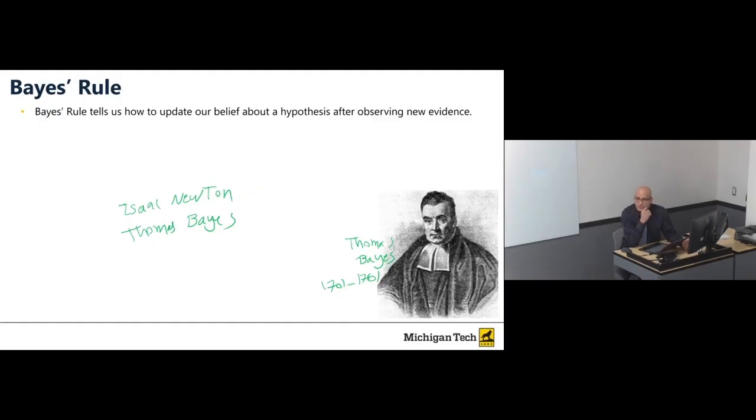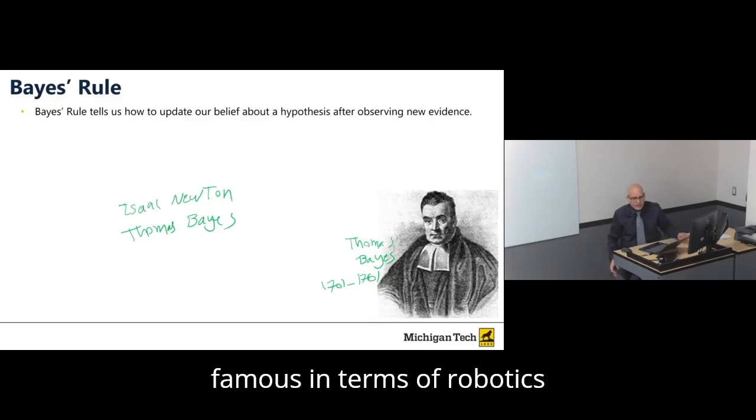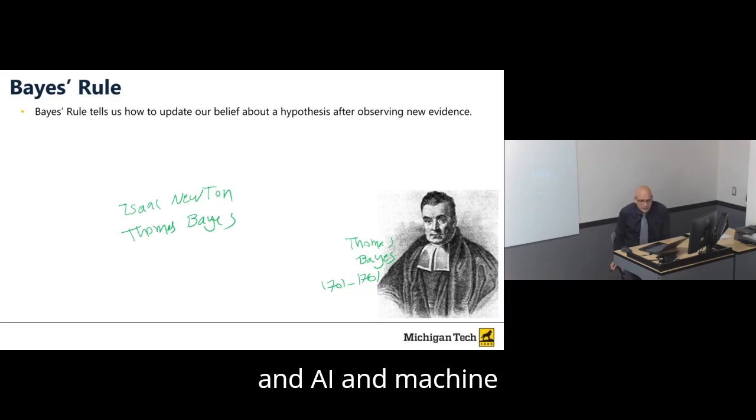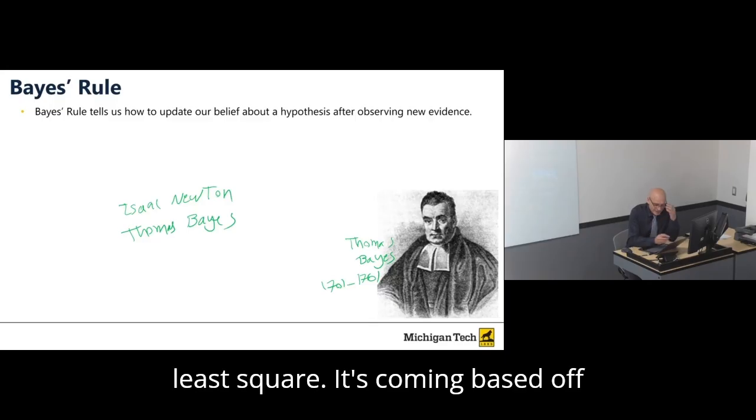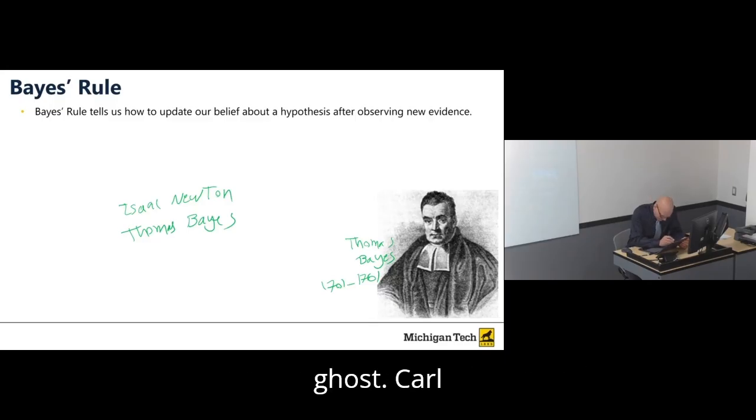Someone very famous in terms of robotics and AI and machine learning. Gaussian, least squares, it's coming based off Gauss.